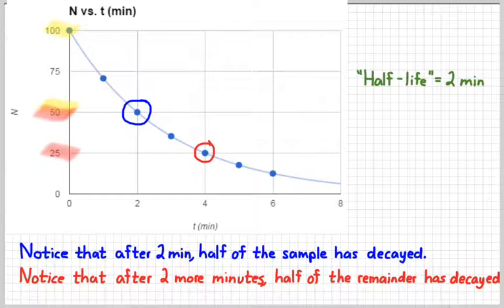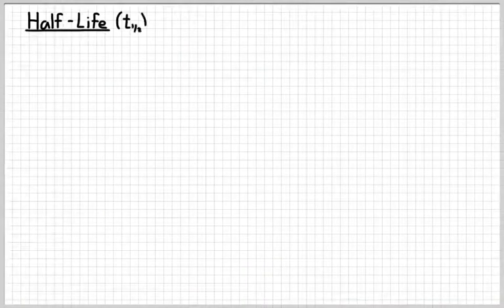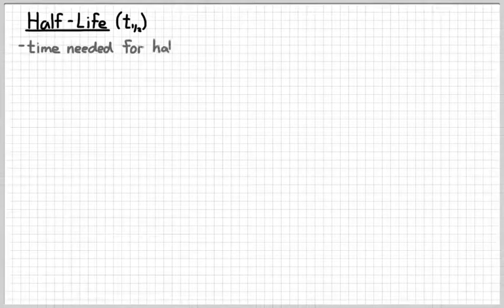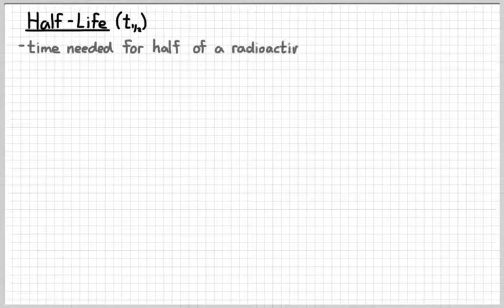It takes 2 minutes for exactly half of the remaining sample to decay. That's a really useful way of describing radioactive decay in terms of its half-life. The way that you might symbolize half-life is with a T with a subscript 1/2. And again, it's the time needed for half of a radioactive sample to decay.